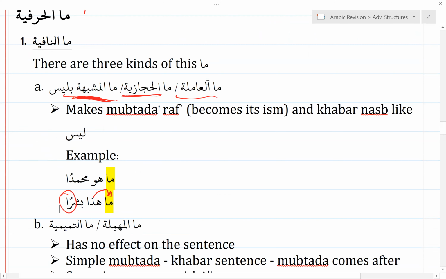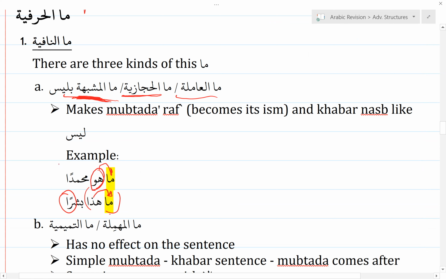Along with it, it will be a mubtada then, right? Like laysa, along with it is the sentence itself. This is a harf, so it has no i'rab, like we just mentioned. That's why we say this one will become its ism.